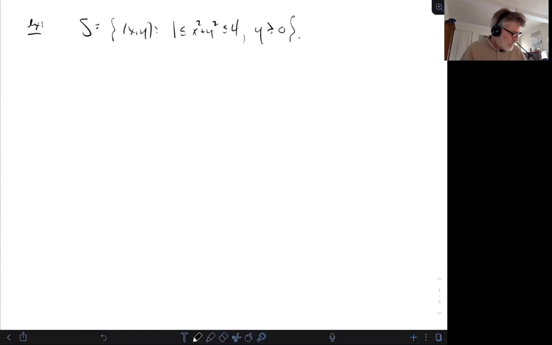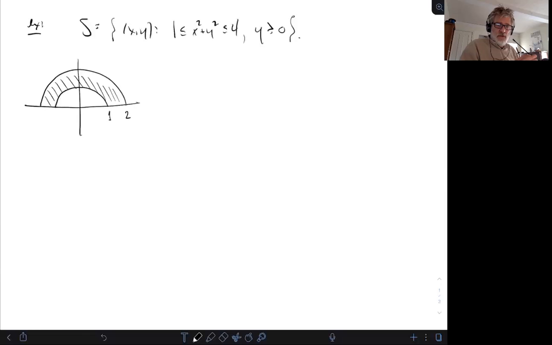Okay, so what does that look like? Well, it's not hard to see that this will be the following region, right? So you take the disk of radius 2, the disk of radius 1, you remove the smaller disk and you take only the upper half.